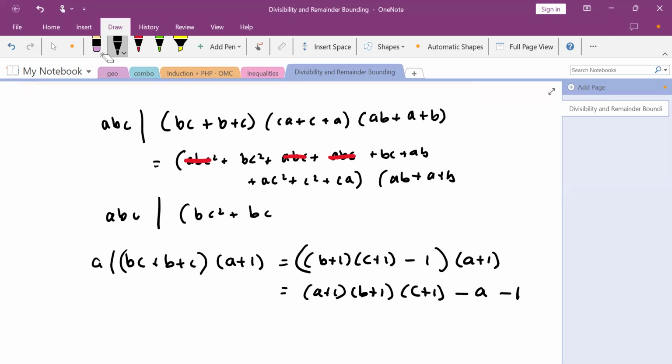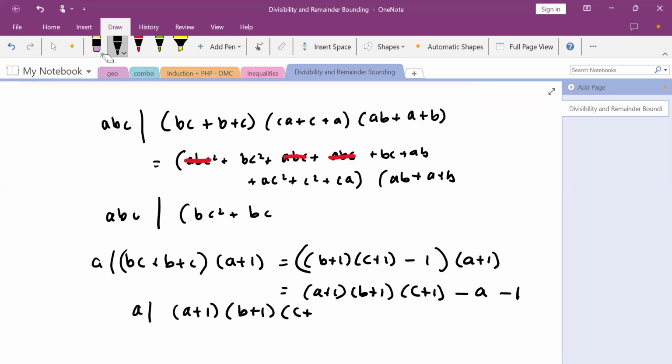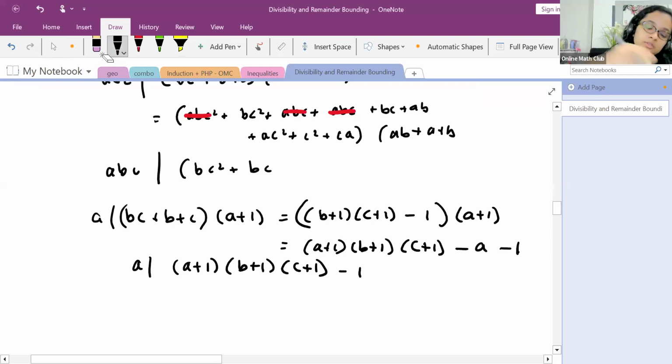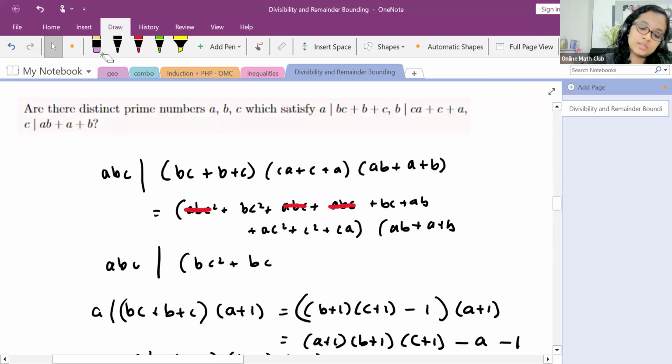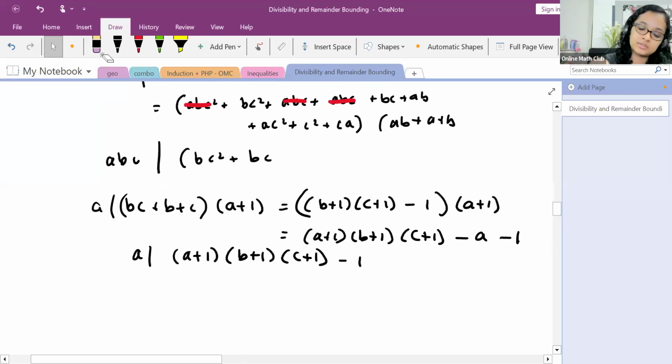So we have a divides a plus 1 times b plus 1 times c plus 1 minus 1. And we can simplify similarly for b and c. So we get a plus 1 times b plus 1 times c plus 1 minus 1 is divisible by abc. Yes, because you're given that a, b, c are primes, so nothing can be in common. That's why you can say all of them are dividing.